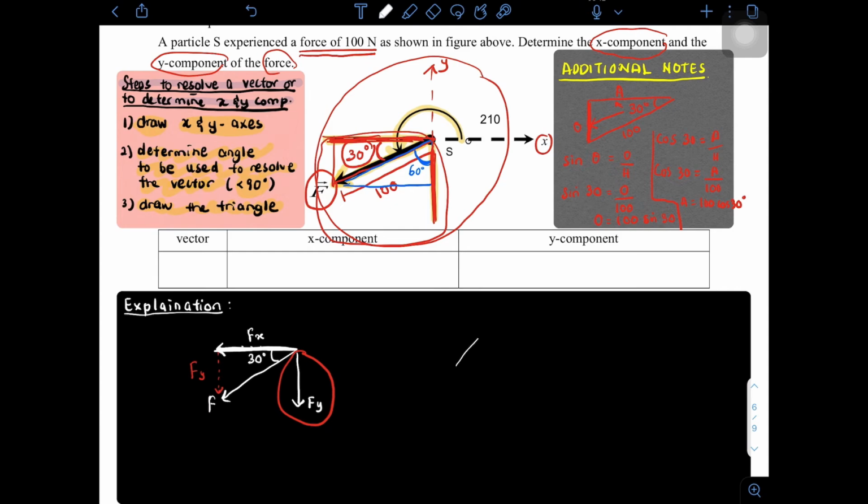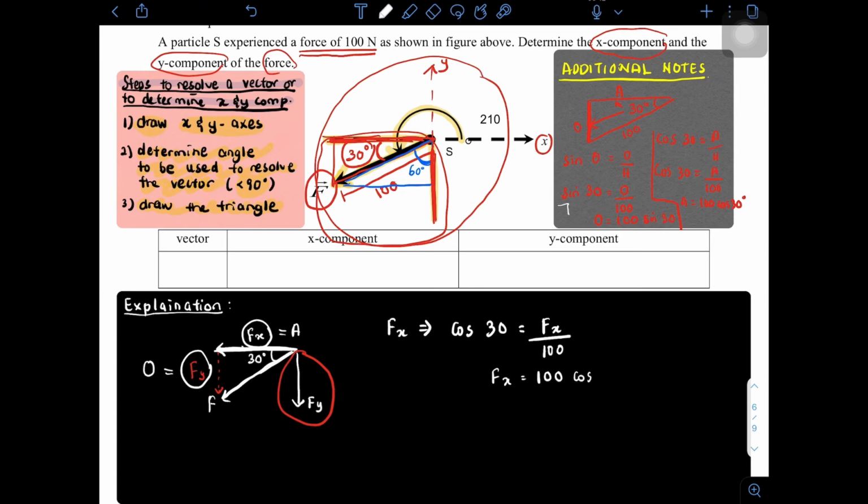From the additional notes, we can see that Fx equals the adjacent length, and Fy equals the opposite length. To find Fx, we can use cos 30 equals adjacent, which is Fx, over 100, the hypotenuse or the length of the force. Rearranging, Fx, the component x of the force, equals 100 cos 30.